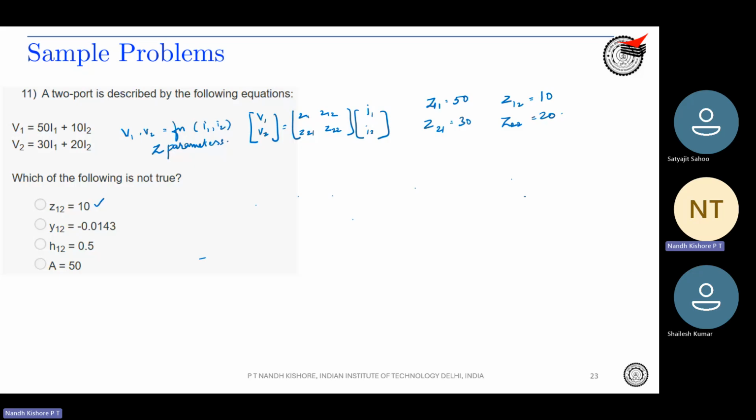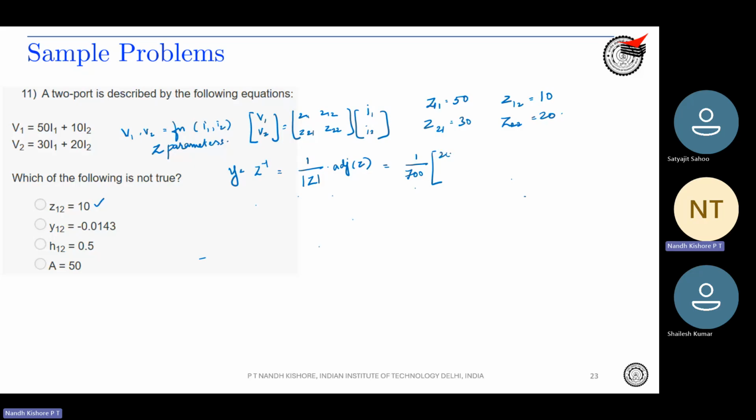Once you know what the Z parameters are, obviously you know what Y is, because Y is basically Z inverse. So let's find out the Y parameters. Y is Z inverse, therefore 1 by mod Z into adjoint of Z. 50 into 20 minus 300, so that will be 1 by 700.